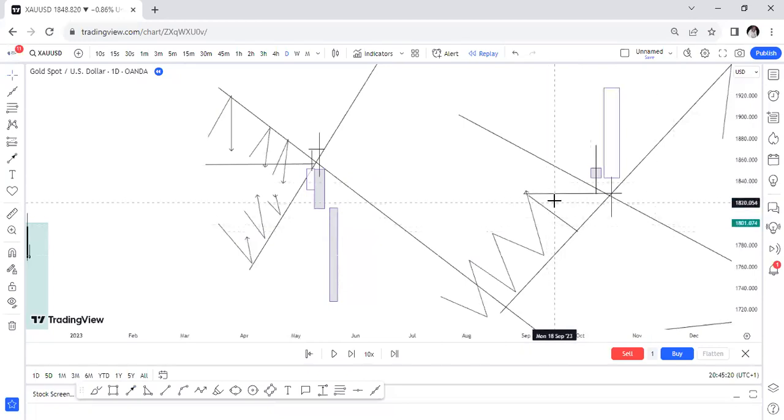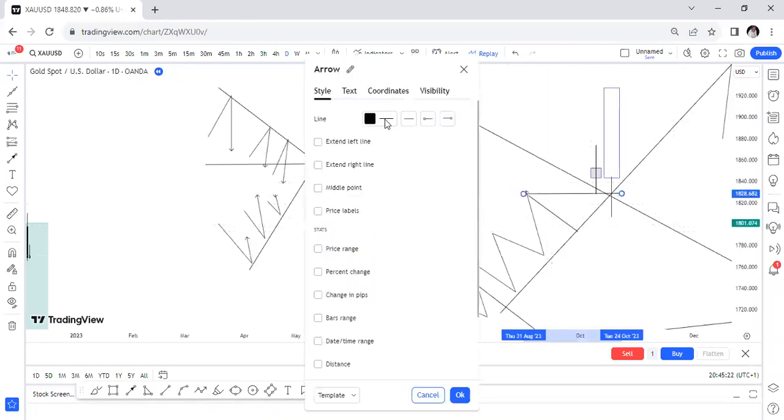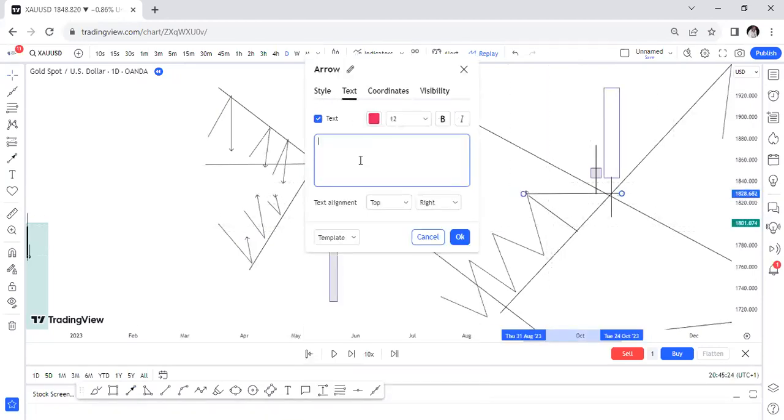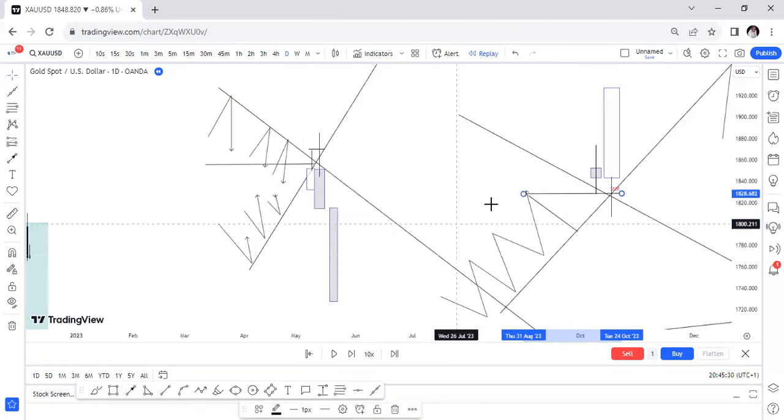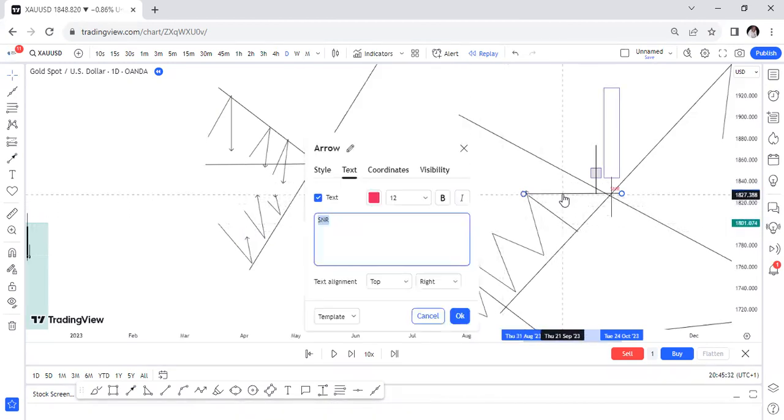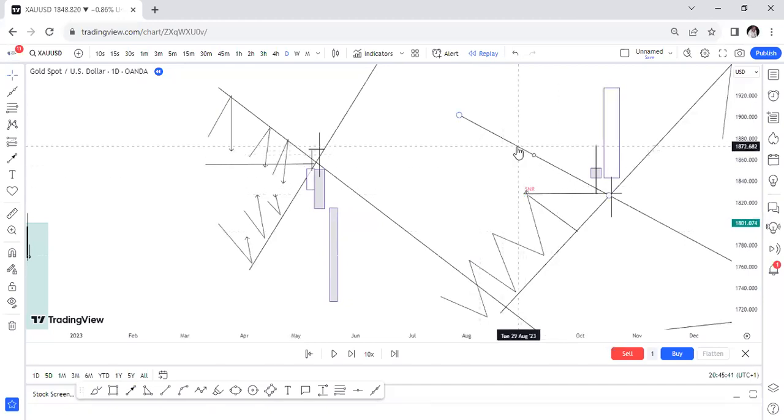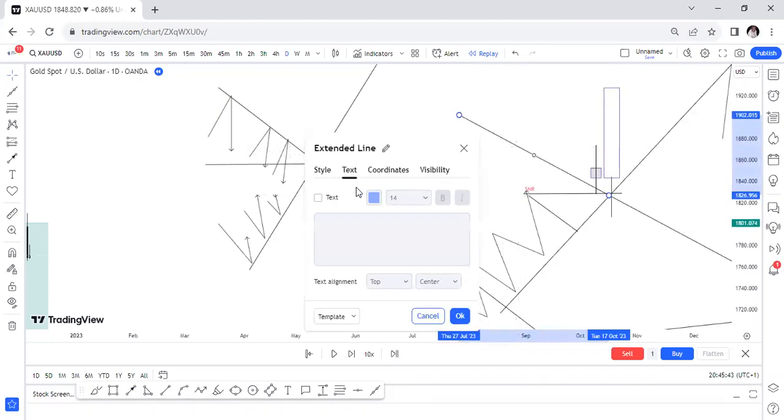So this is a scenario. Either it is a cross or a gap or thereabouts. This is a trend line.